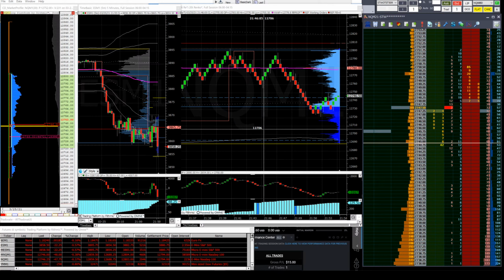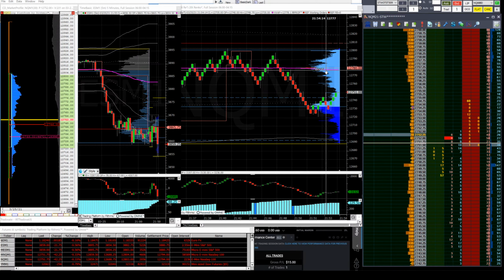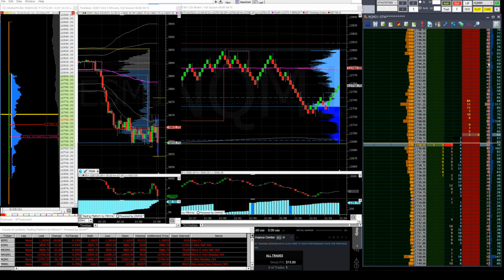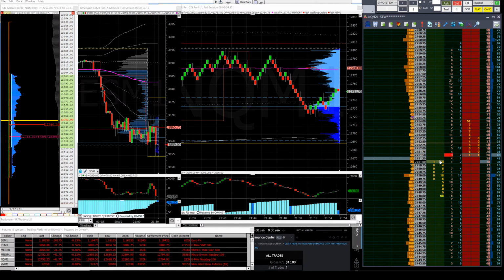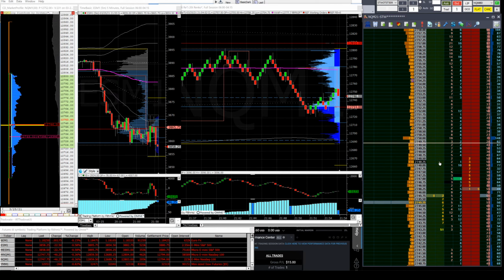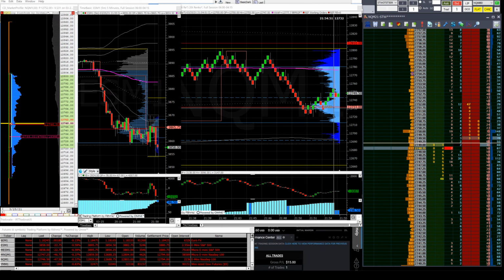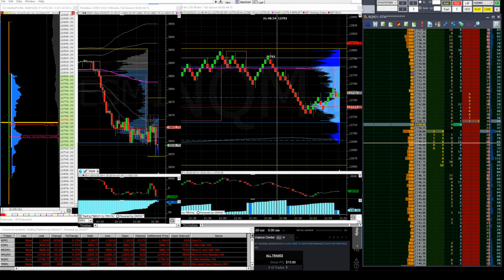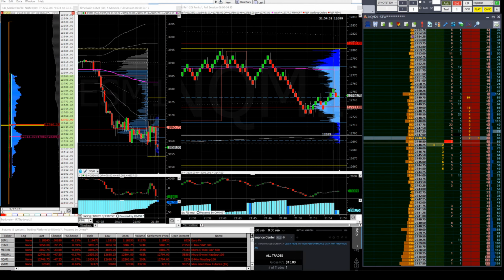So Investor RT says that the POC is up here. Now it jumped down. See how that works? Just jumped down here to the bottom. It's kind of interesting to track what's happening with the POC. That's what that little pink line does.